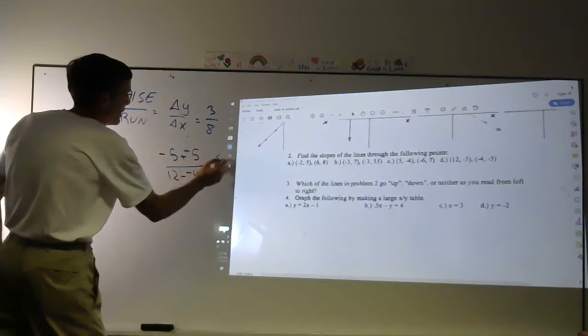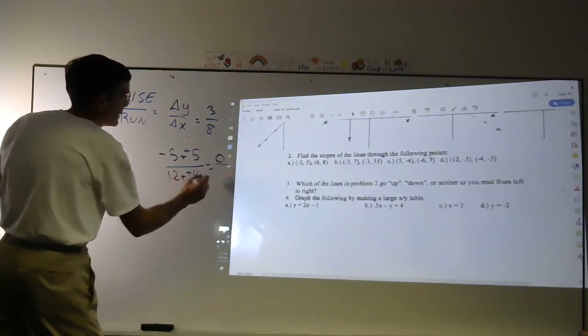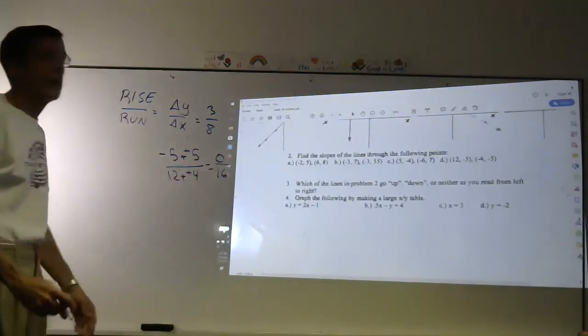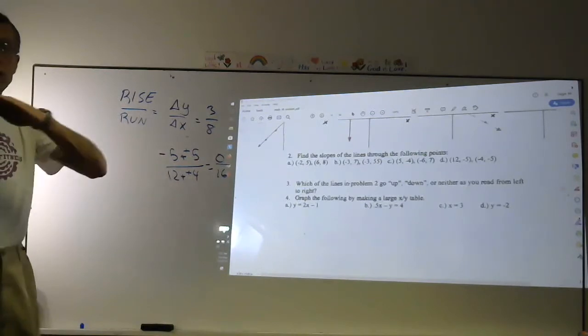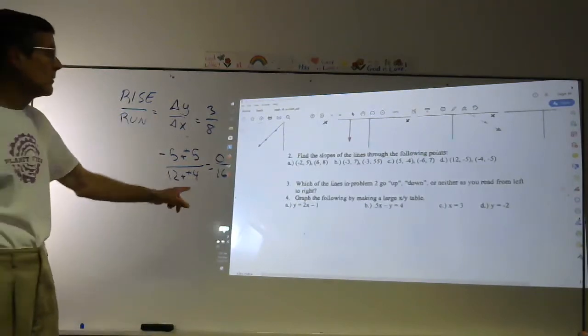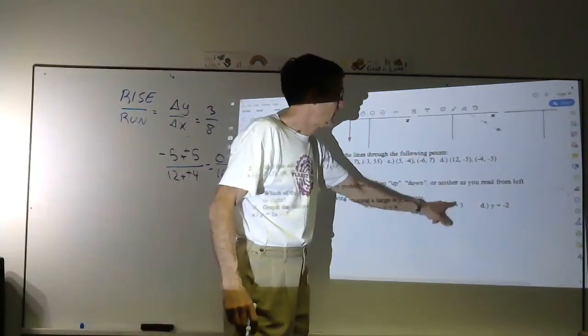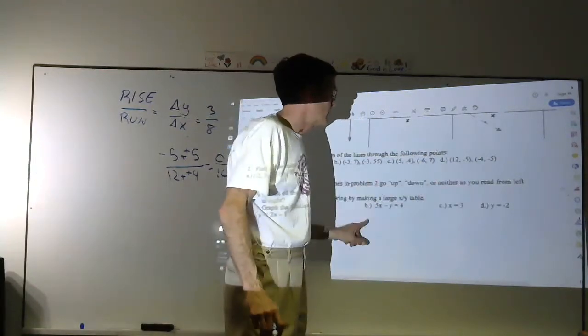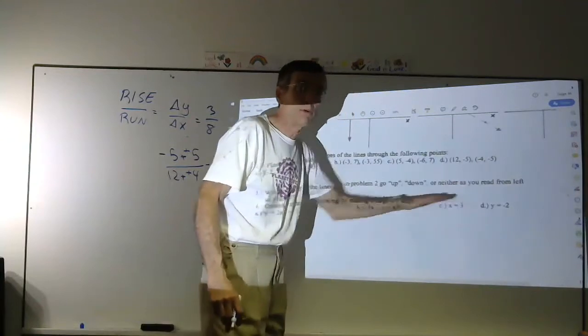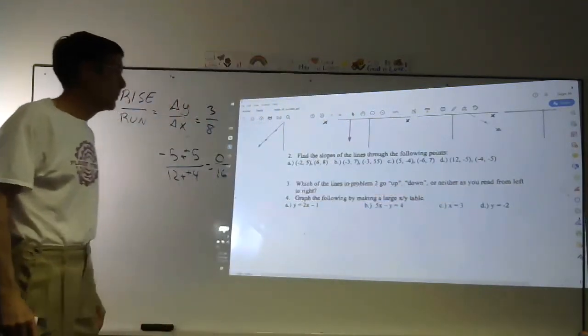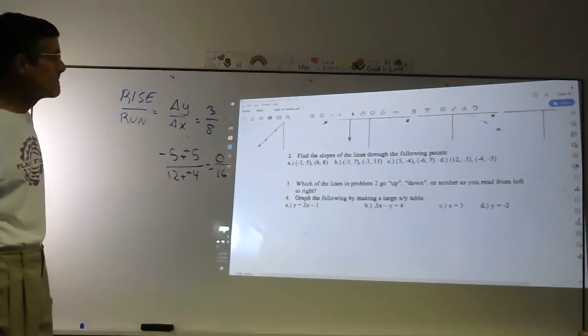Kill the negatives, I get 0 on the top. Kill the negatives, I get 16 on the bottom. Anything into 0 is 0. 0 slope, it's a horizontal line, which you should have known. Go to the 12 and down 5, go to -4 and down 5, you're down 5 on both. It is a horizontal line, okay?